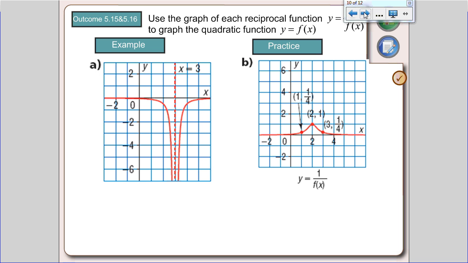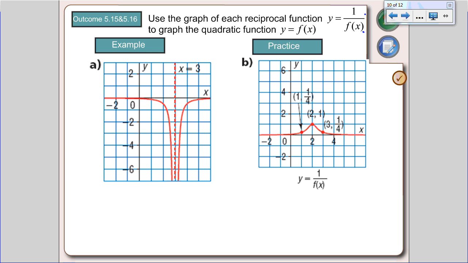Then that's saying graph what that function originally was. So we have to use the reciprocals to work our way backwards. And if anything, it's easy.